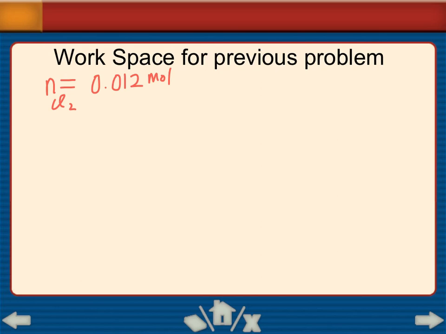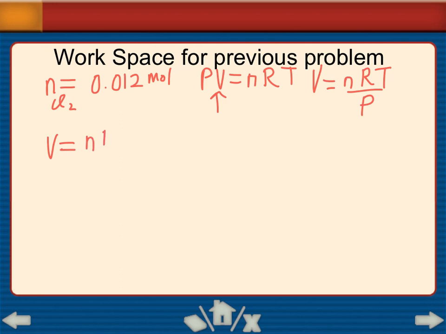So now we're going to use the ideal gas law. So PV equals nRT. And we're looking for the volume of the chlorine gas that's going to be required. So we'll solve for V. V is now equal to nRT over P. And now we will just substitute that in.